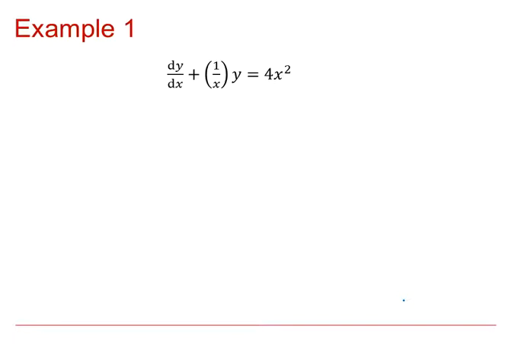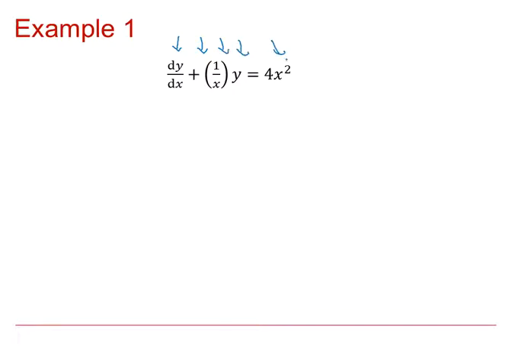So let's put it into action with this example. We want to solve the first order differential equation dy/dx + (1/x)y = 4x². Notice we have the form dy/dx + P(x)y = Q(x).